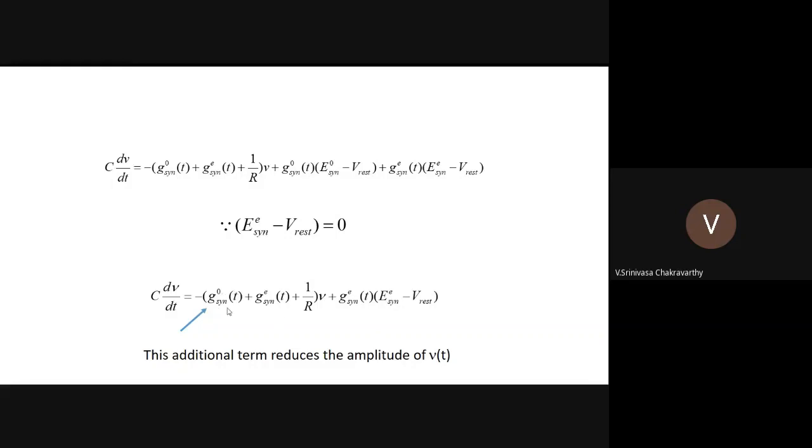But you will have an additional term, G_syn^0, coming because of the presence of these zero channels. Because of the presence of this kind of synapse, you have an additional term here, and because of this, the effect of the excitatory stimulus on the voltage will be slightly lesser than what you would have without this.